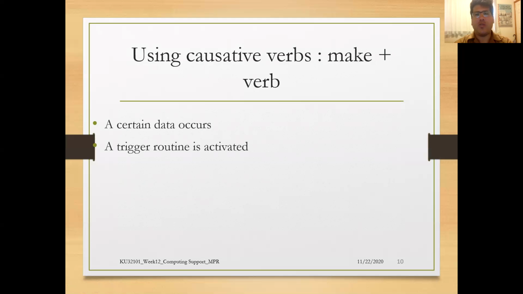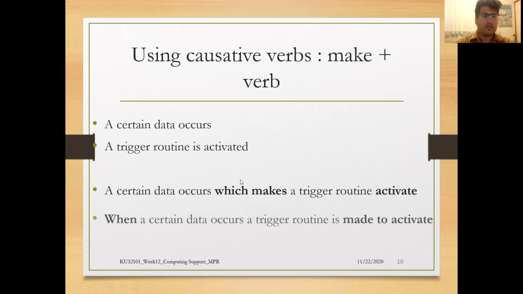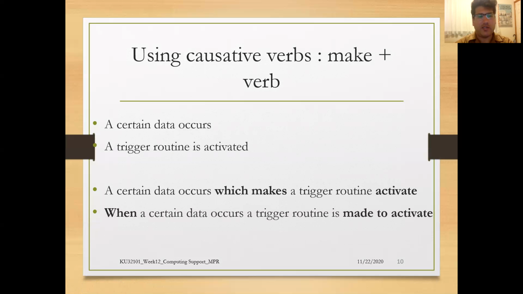Okay, now using causative verbs make and verb, we can express the cause-effect relationship like this. A certain data occurs which makes a trigger routine activate. So there we're using which. When a certain data occurs, a trigger routine is made to activate. So there we're using when.